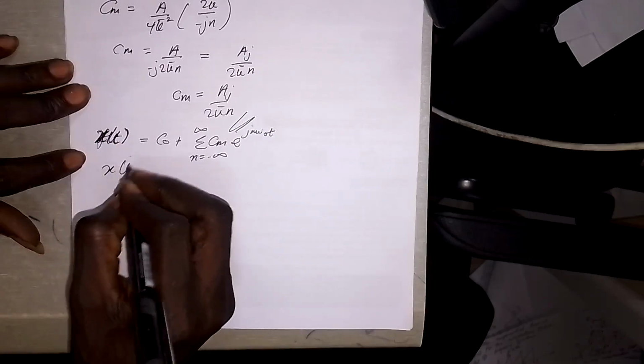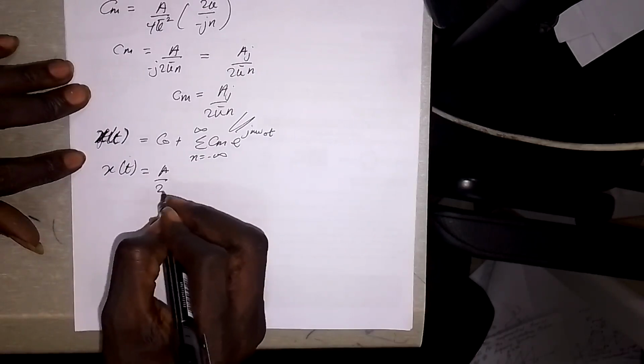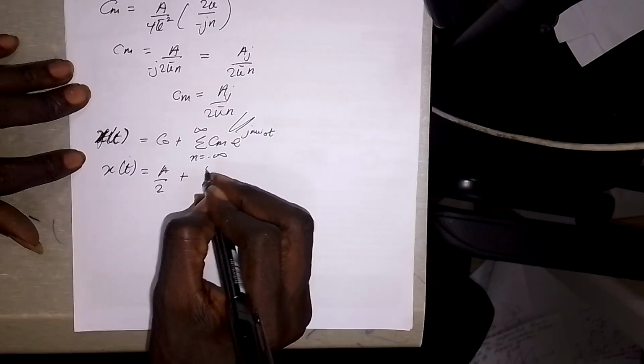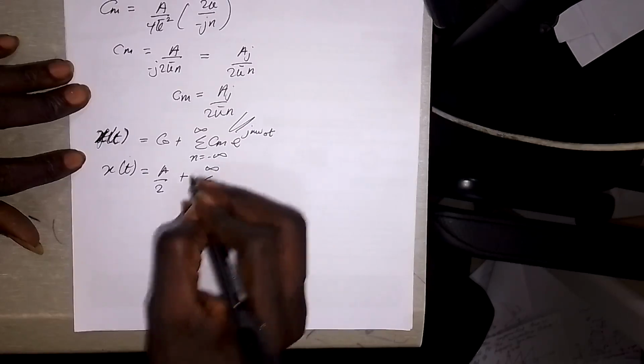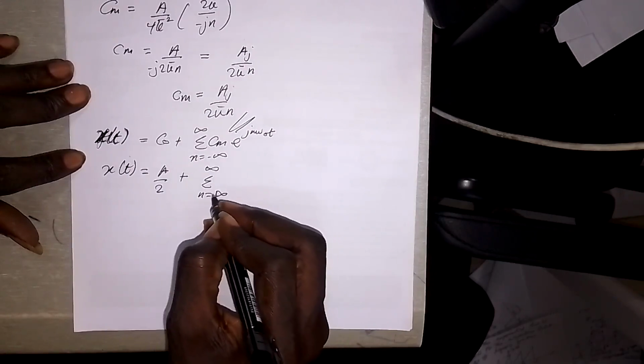So now here x of t is equals to a naught, which is a over 2, plus summation, n is equals to 1 up to infinity, n is equals to minus infinity.